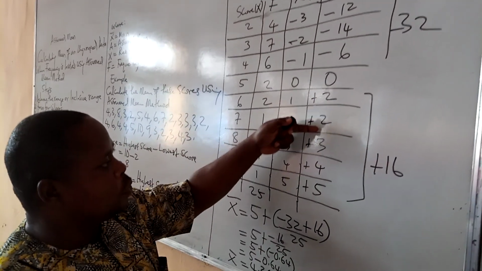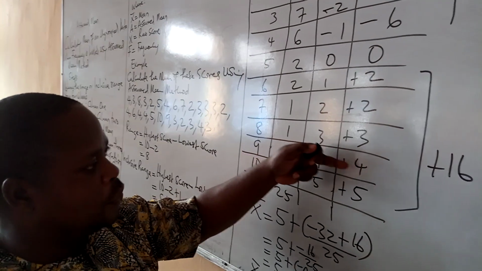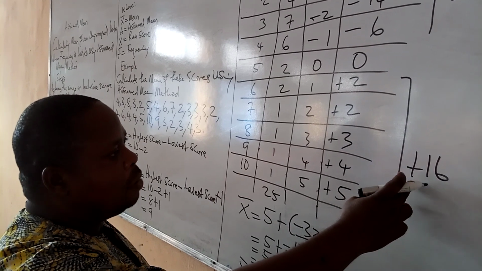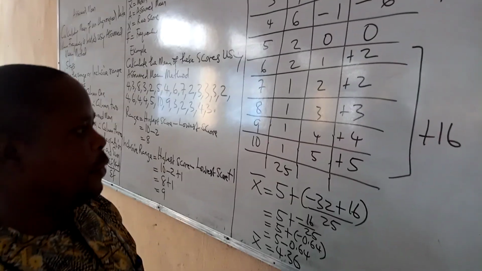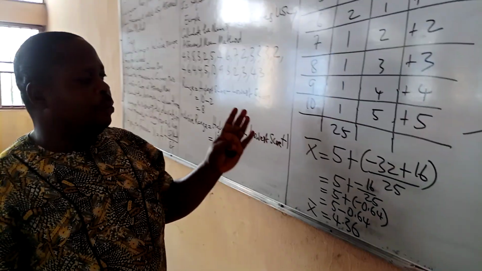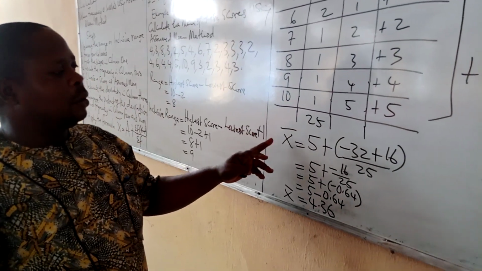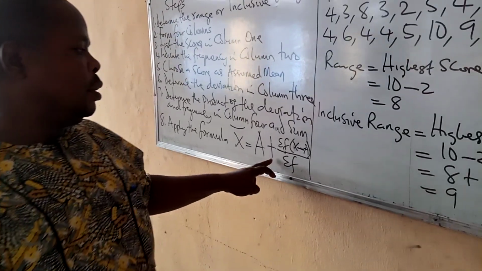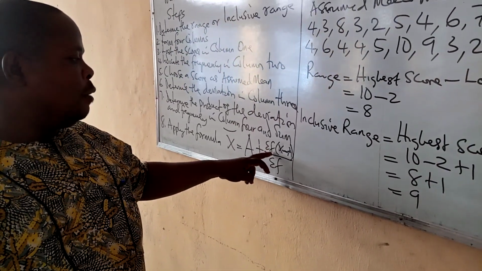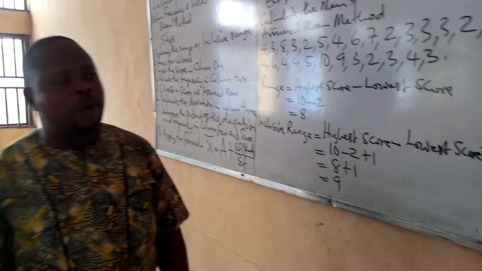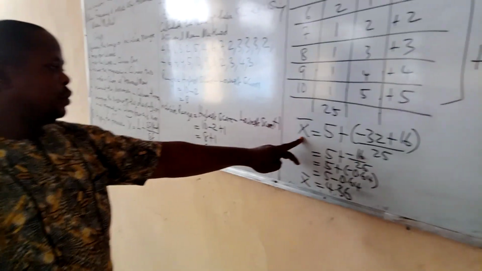Then 2 plus 2 plus 3 plus 4 plus 5, because they are positive integers, gives plus 16. And then you apply the assumed mean formula, which is mean equal to assumed mean plus the sum of frequency multiplied by deviation, all over the sum of frequency. And then this is the mean.